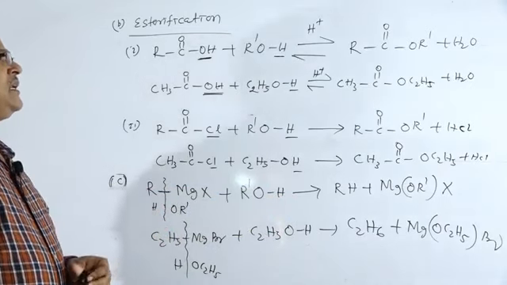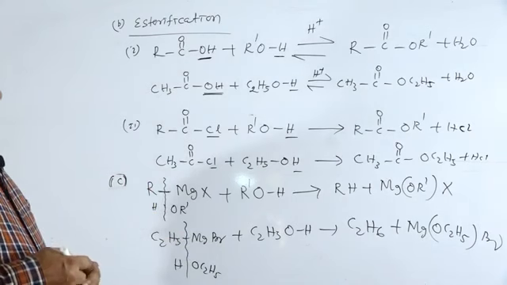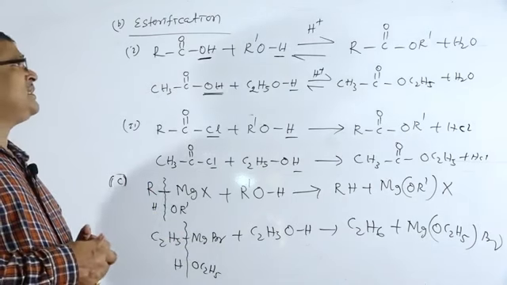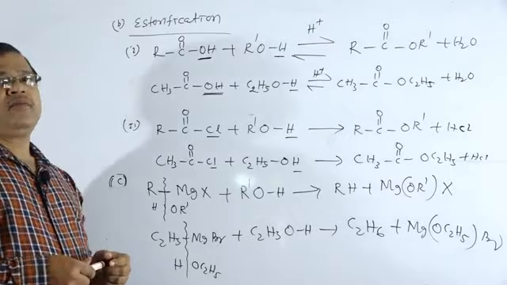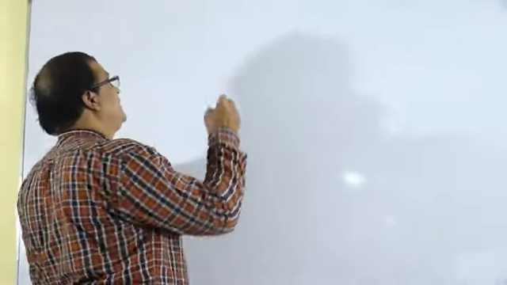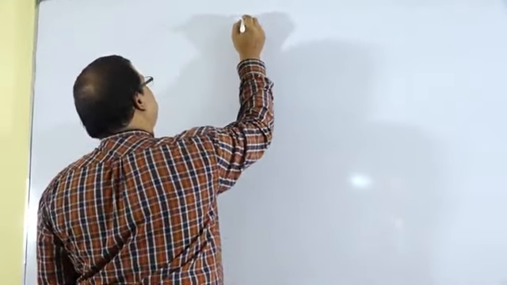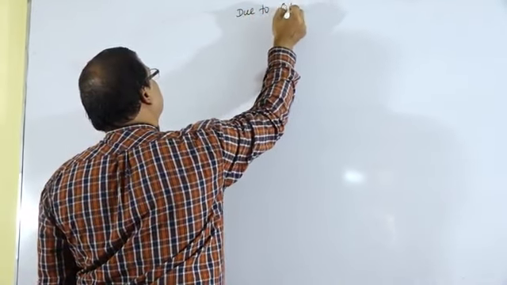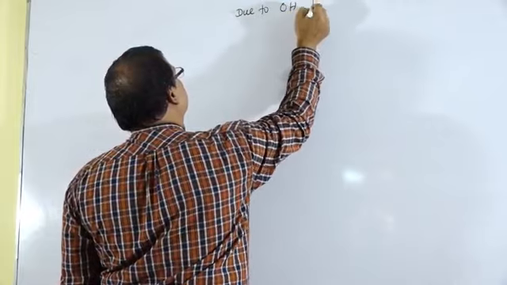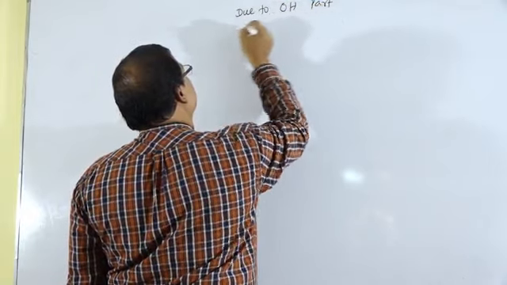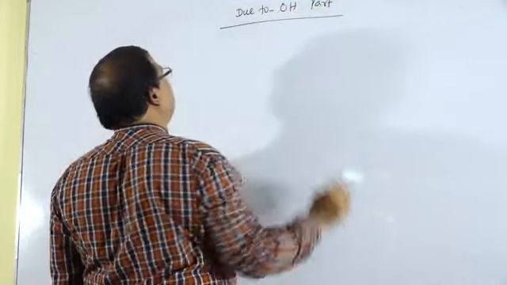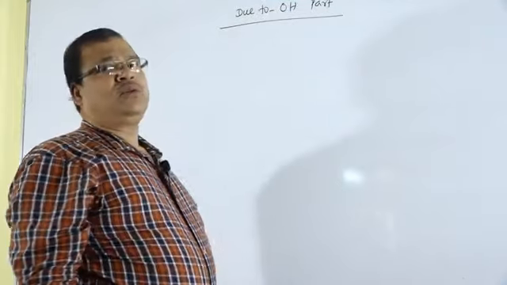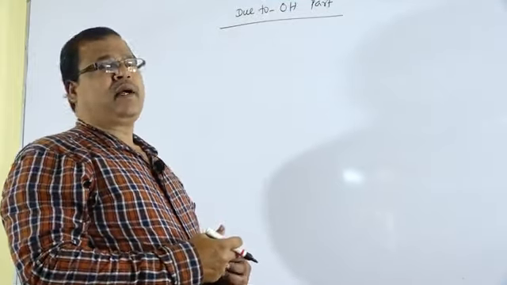So this is regarding reactions due to the H part of the alcohol. Next we discuss the reaction due to the OH part of the alcohol.